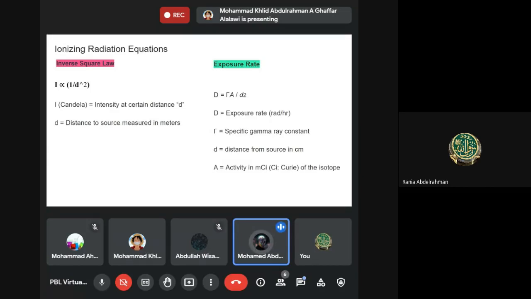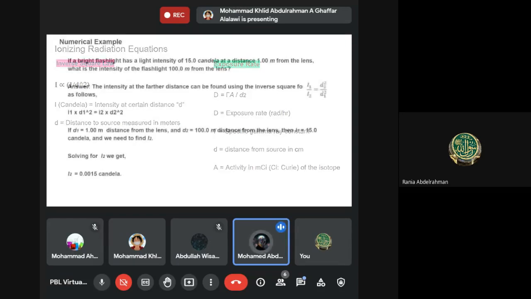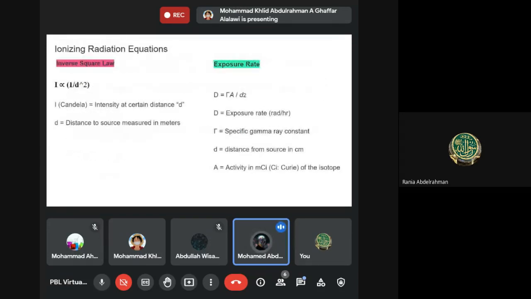Distance is the distance from the source of radiation, like the sun, to the organism or thing being affected by the radiation. The second formula we use is the exposure rate. The exposure rate states that D, the exposure rate, measured in rad per hour, equals gamma, which is a constant, times A, which is the activity of isotopes or activity of radiation, over distance squared. Notice that distance should be in centimeters.